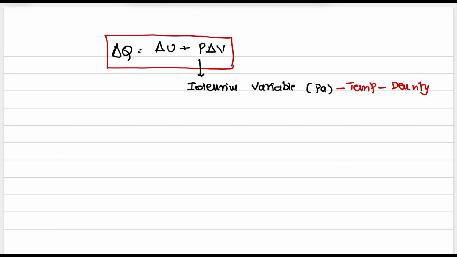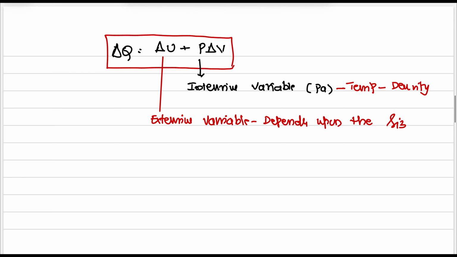Whereas internal energy is an extensive thermodynamic variable. It depends upon the size of the system.